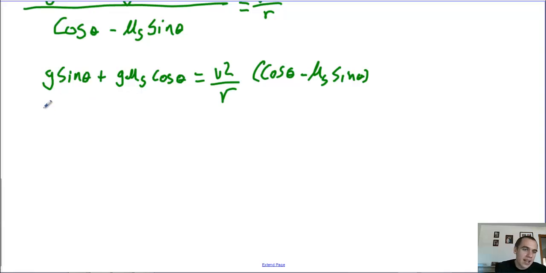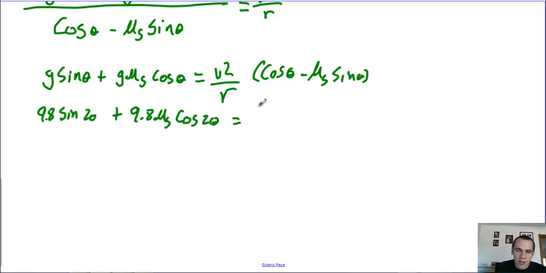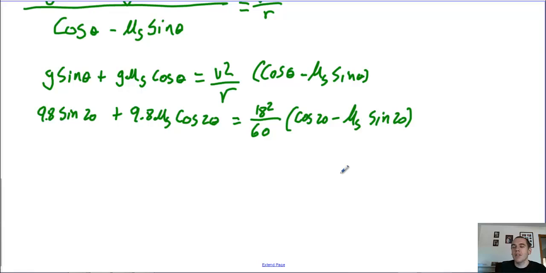Okay, so g sine theta, this is 9.8 times the sine of 20, so this is a number, plus 9.8 mu s times the cosine of 20 equals v squared, which is 18 meters per second squared, over r, which is 60, times the cosine of theta, which is the cosine of 20, minus mu s times the sine of 20. Now, if we take all this into account, we can do some algebra and we can simplify some things.